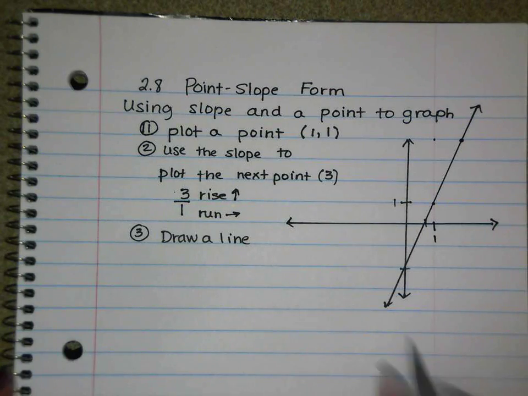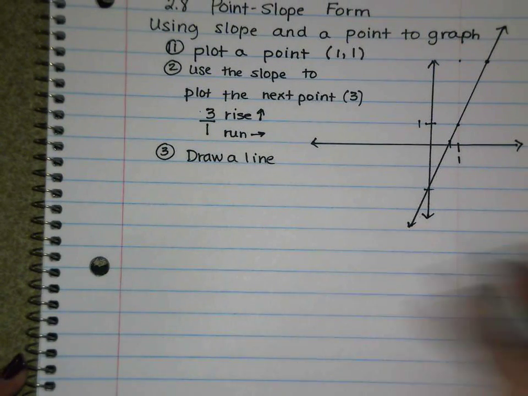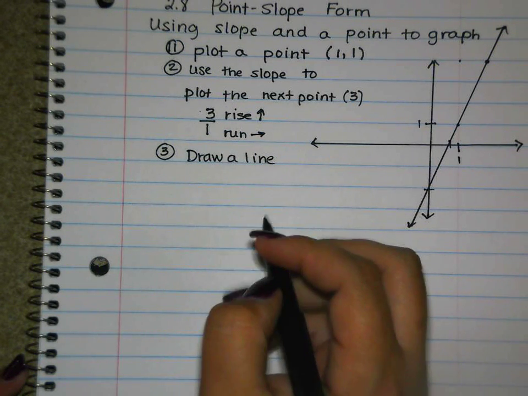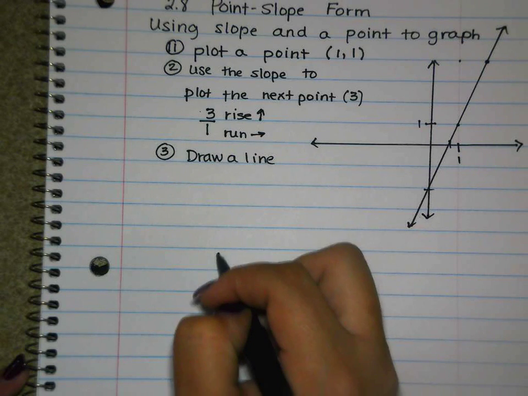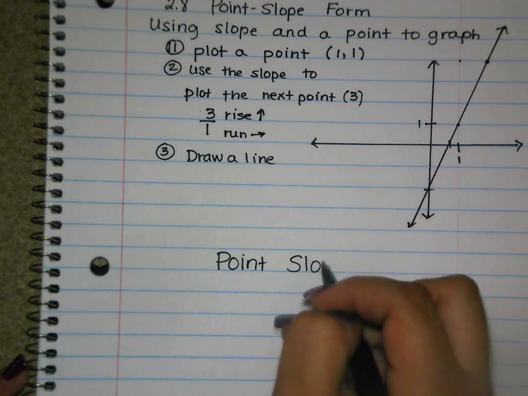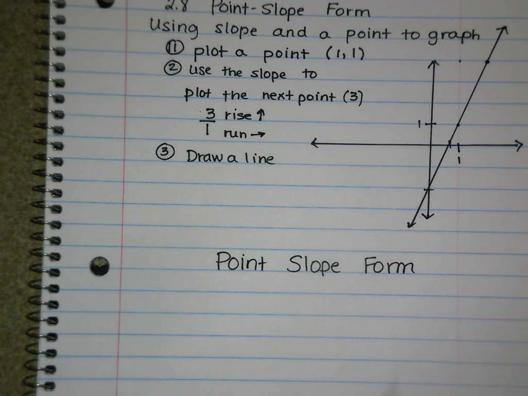It's pretty easy. This is going to be the point slope form. We say point slope because it sounds better than slope point. I'm going to give it to you and then I'm going to explain it to you.